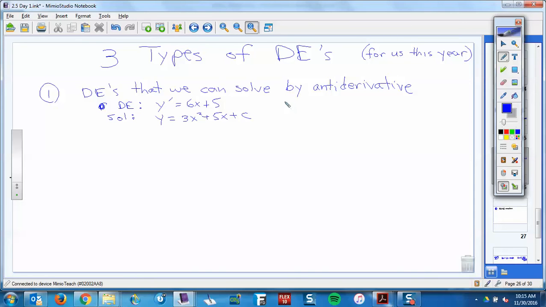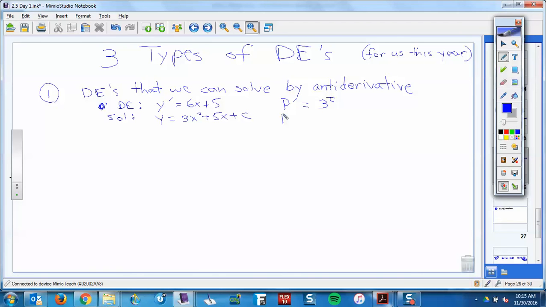Another example, let's use p prime this time. It doesn't always have to be y. Right? It could be like that population example we did. Population, p prime equals 3 to the t. Right?